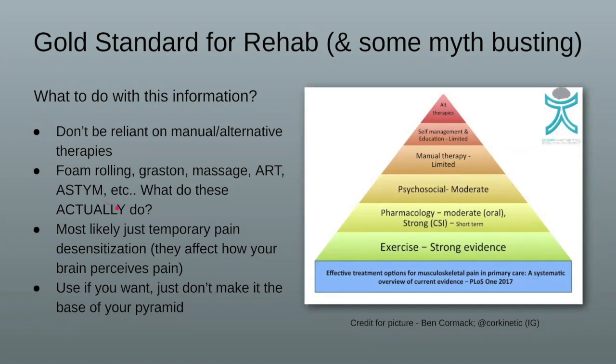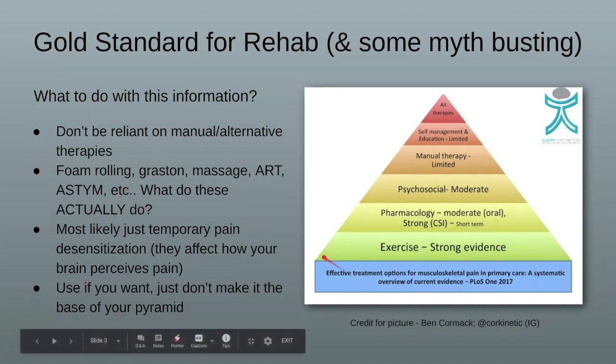So what do these actually do? With this stuff, you are absolutely not breaking up adhesions or breaking up scar tissue, and you are not increasing or decreasing the time it's going to take for your injury to heal. But they do help. Exercise and manual therapy together can be a strong combination if they're used correctly.